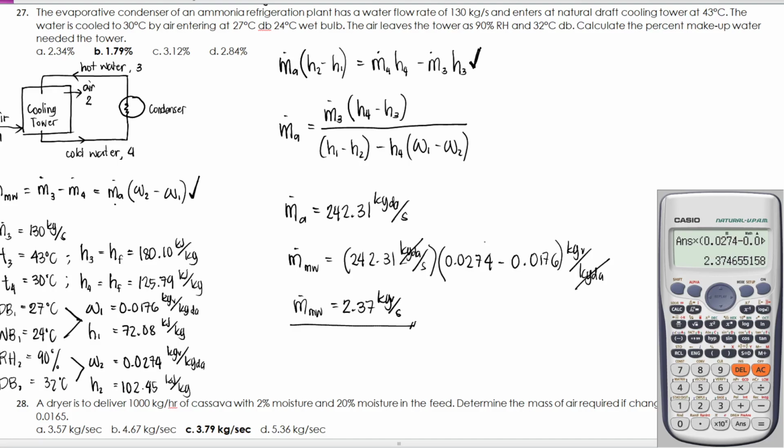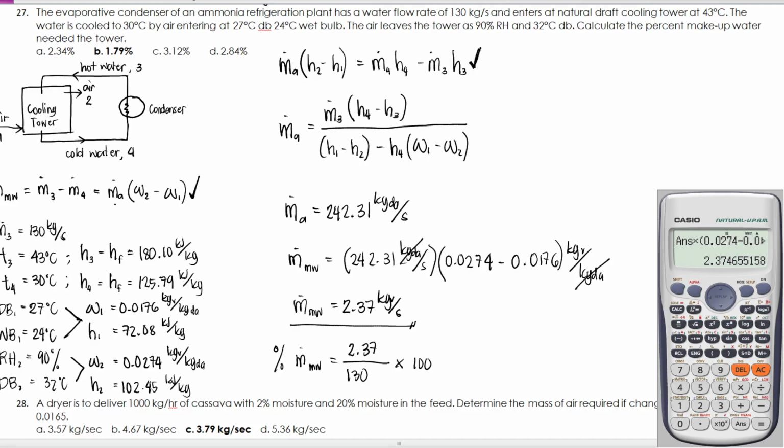Pero kung kukuhanin natin yung kanyang percentage, so yung percentage ng makeup water is yung mass niya na 2.37, di-divide lang natin dun sa mass nung water na dinadala kay cooling tower, which is yung mass ng hot water at 130 kg per second. Then, times 100 na lang.